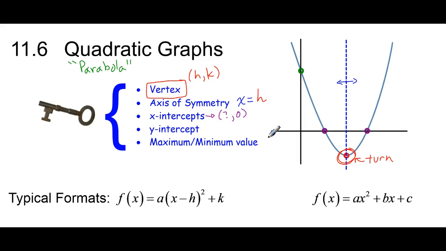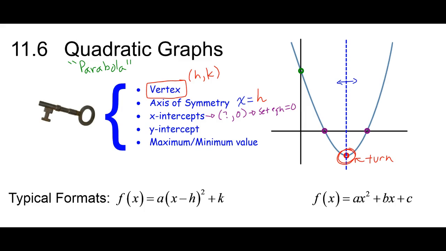And typically, the way you find them is you set the equation equal to 0. Because, in a sense, what you're doing is plugging in y equals 0. And if the whole equation is equal to y, and y is equal to 0, then the whole equation is equal to 0. And then you solve using factoring or the quadratic formula like you would normally.